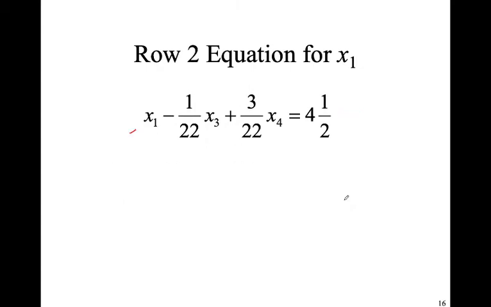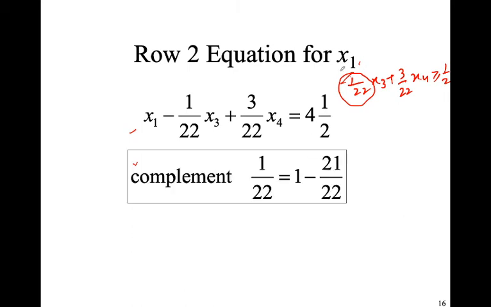But look here, if we try to separate, it could be written as minus 1 upon 22 x3 plus 3 by 22 x4 greater than or equal to half. But in that case this becomes a negative value, so we have to make it positive. And how to make it positive? By using its complement.